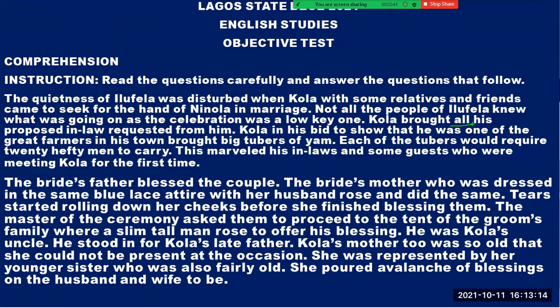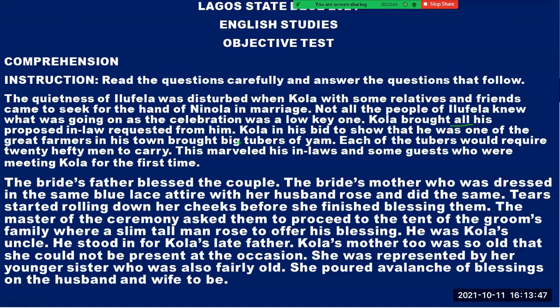He brought all, which means the in-laws requested many things, and Kola brought all. The mention made of tubers of yam was just to draw attention to the big size of the tubers, all right? But yam was not the only item that Kola brought, only that yam became a very extraordinary item among others that Kola brought, all right?